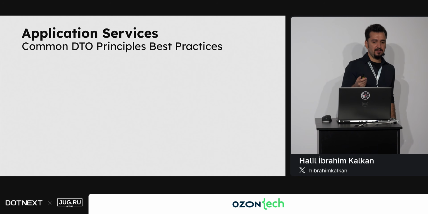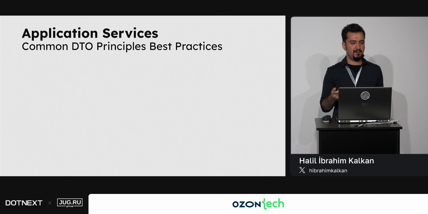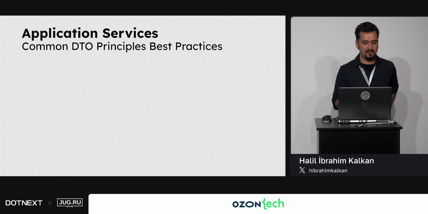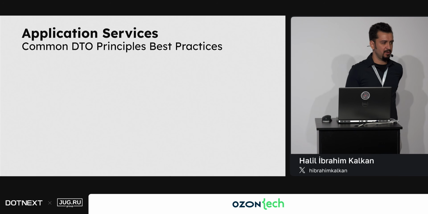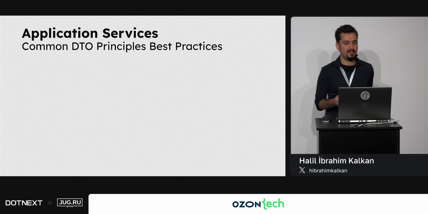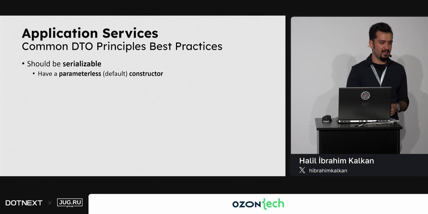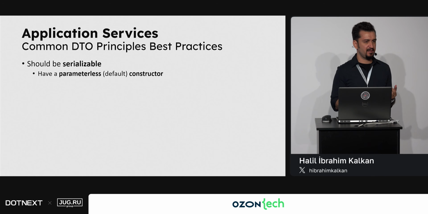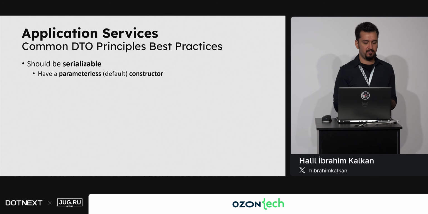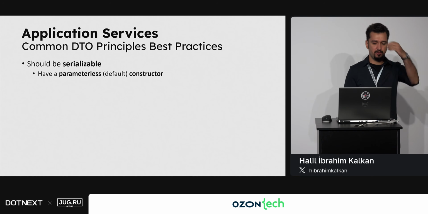Okay, we said application services get data transfer objects and return data transfer objects. So there are also some principles for how to design these data transfer objects. Data transfer objects, first of all, should be serializable again, because they are typically serialized to the wire as JSON or XML or whatever technology you are using.